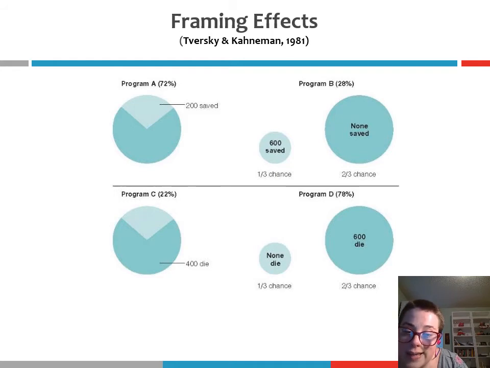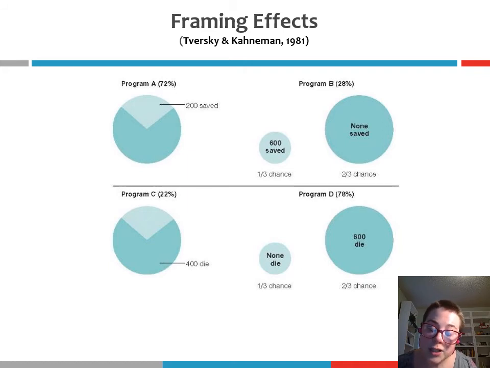So we're willing to gamble on the fact that there's a 2/3 chance that 600 people will die, rather than choosing a certainty that 400 people will die, right? So we like the certain option when we're made to think about it in terms of the number of lives saved, right?